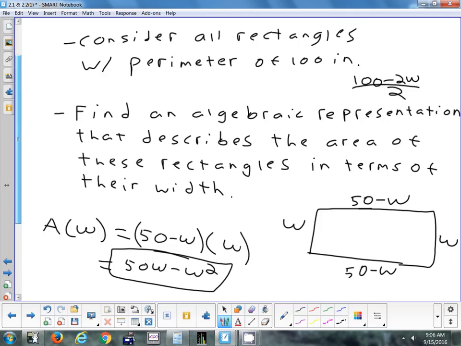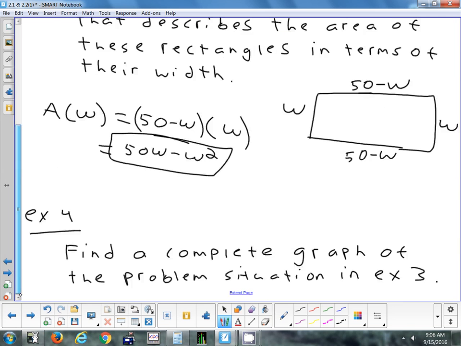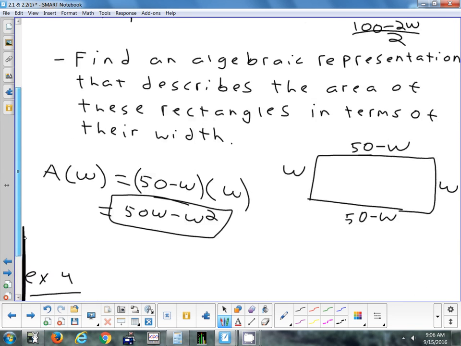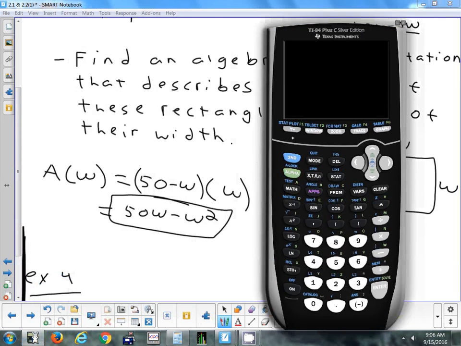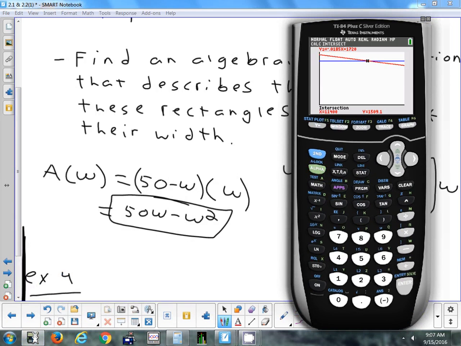Does anybody remember what shape gives you the maximum area? Was that the next question? Oh, well, I am going to graph it to figure out what I just asked you. But does anybody remember? Yeah, it's a square. Okay, so let's graph what we have.